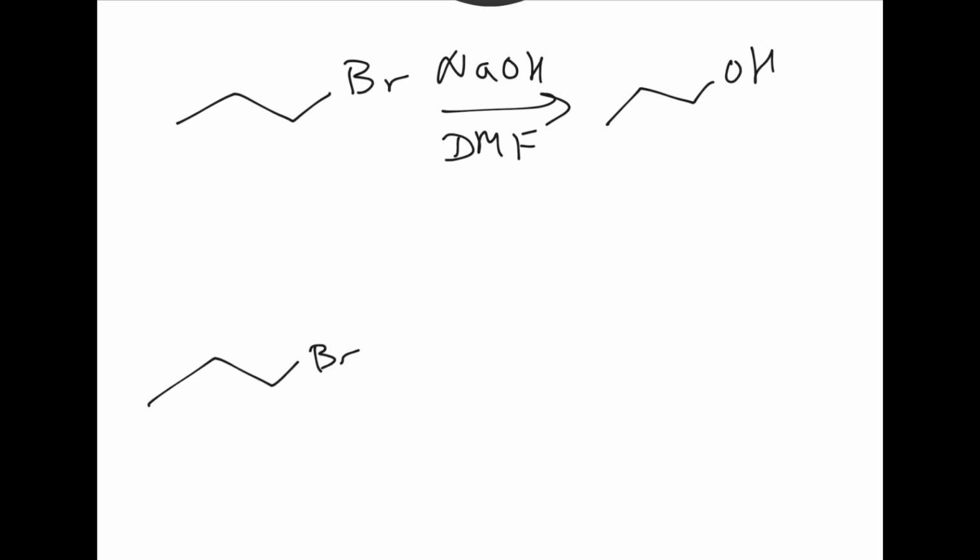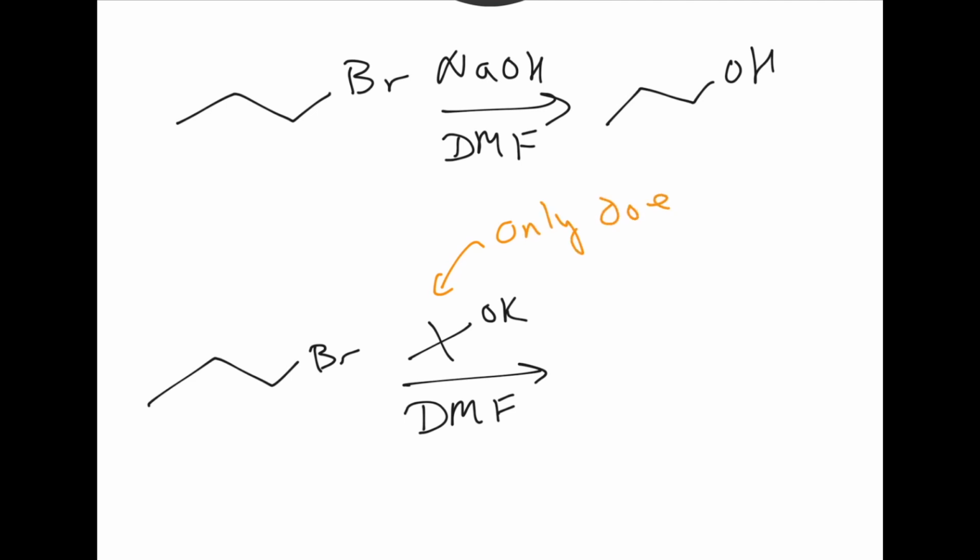If you have the same thing, but you have potassium tert-butoxide, no matter how badly you want to do a substitution, potassium tert-butoxide only does eliminations. It is too big to squeeze down to get to the carbon that has the halide on it to knock that halide off. So it can only do elimination. Even though this is a primary halide, it's going to make a double bond.